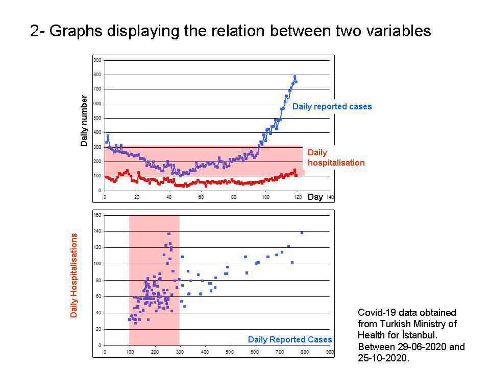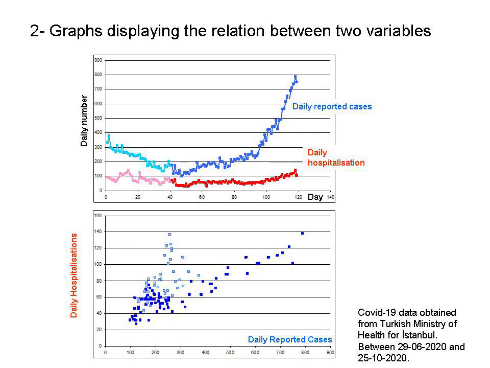But for the rest, for the daily reported cases larger than 300 up to 800, we don't see that much high Y values, daily hospitalizations. So let's divide the graph into two. Until the 40th day, the number of daily reported cases is declining, as you can see with the light blue.